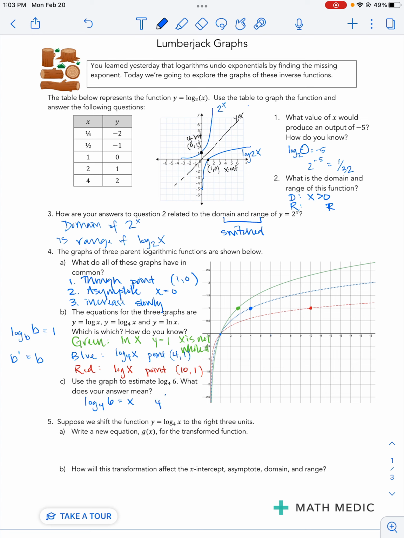Well, 4 to the something equals 6. It turns out that x is approximately equal to 1.3. And sure enough, if I look on the blue graph, what do I have to raise 4 to get 6? Well, right here, the answer is 1.3.